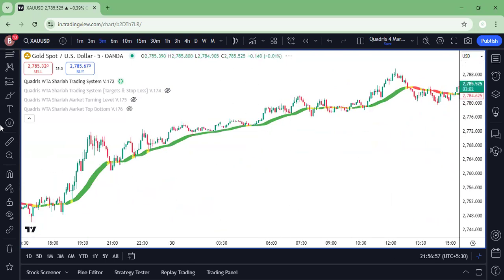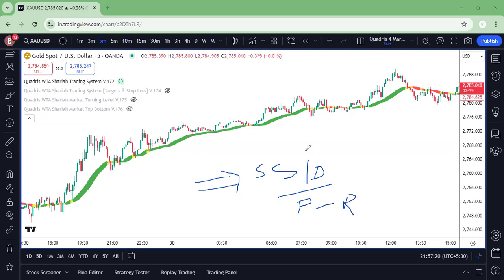Remember, if you have heard about Richard D. Wyckoff's work, if I want to say it in a few words, it is a study of supply and demand, and based on that, how price reacts. And for assessing supply and demand, we combine price and volume.